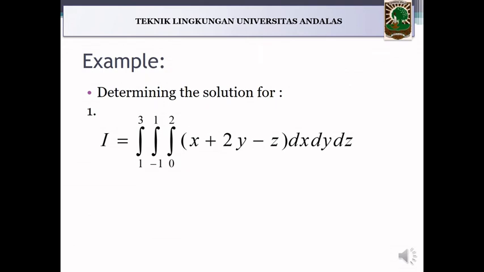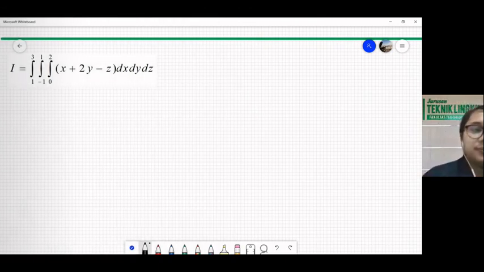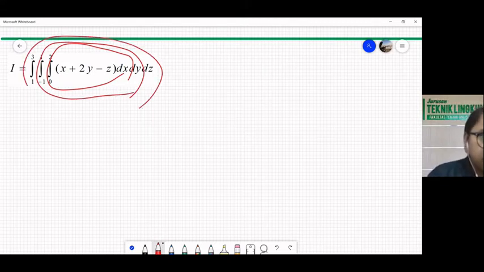Here is the example for the triple integral. Okay, now we move again to our favorite whiteboard. And here, as usual, the step is we try to solve the inner part, then the second, middle part, and then the outer part.